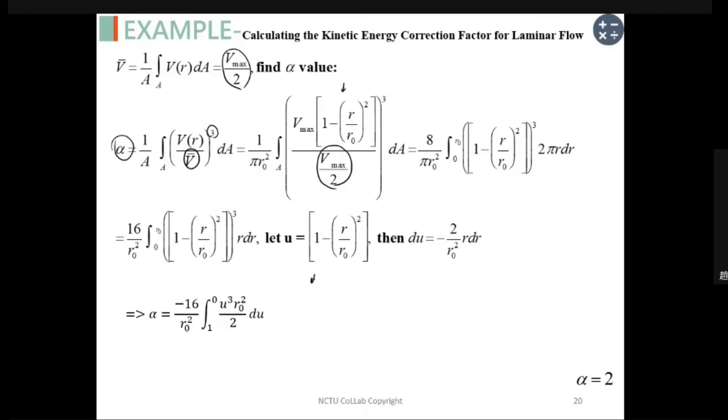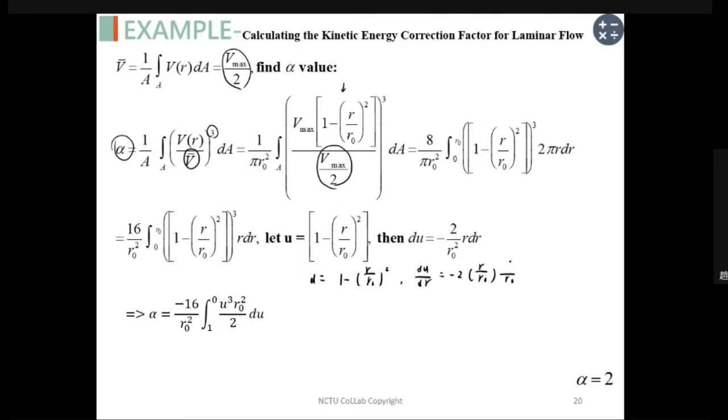So you can see this integration along the area is too complicated. So right now we make a new variable to replace some parameters. We define u equal to 1 minus (r divided by r0) squared, and we compute du/dr.